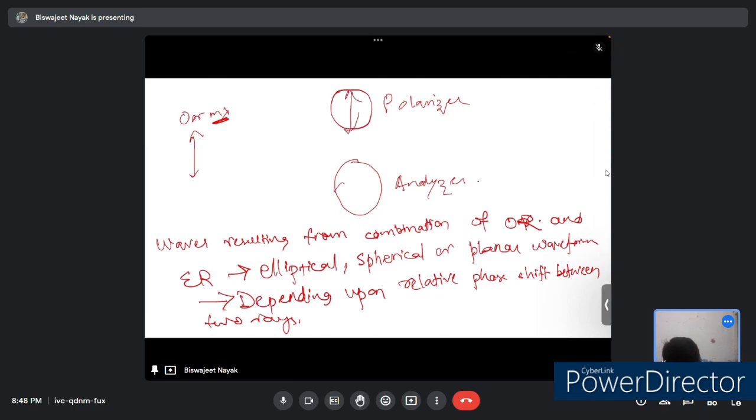This is the rotation of the polarizer with respect to the analyzer, or it can be lambda by 8 or more, lambda by 4, or it can be lambda by 2, and it will have only one direction of polarization, and so on and so forth.